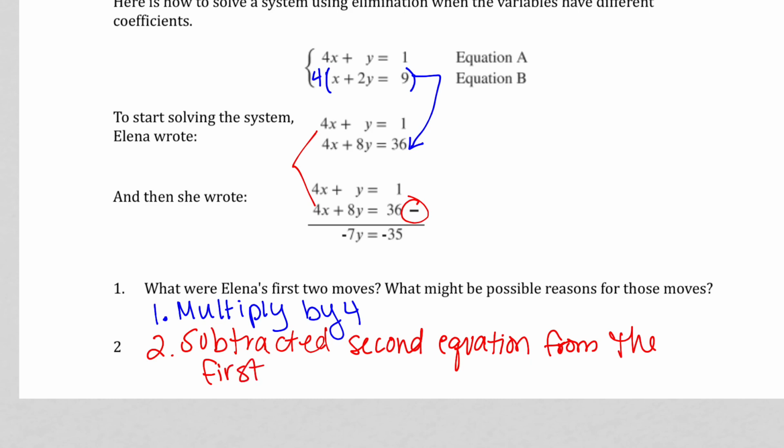Why did she multiply by 4? Why was that her first step? It's because she wanted the x to have the same coefficient.